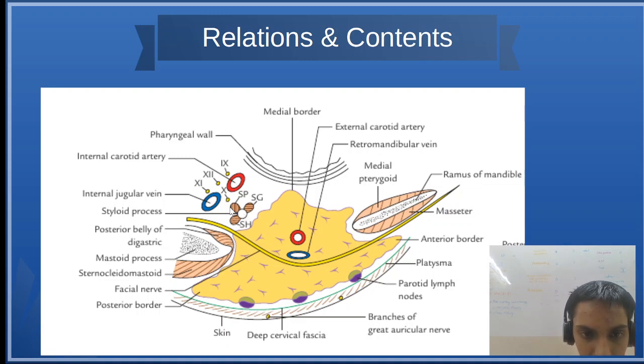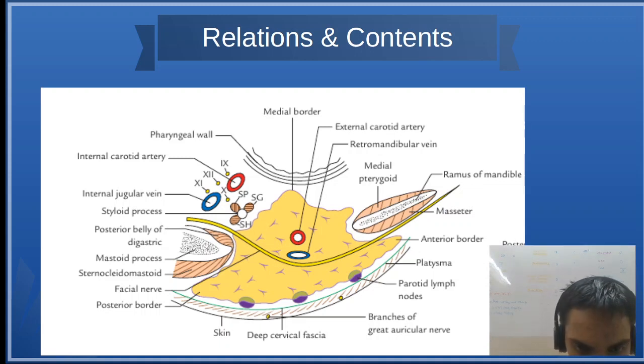So I'll give you a simple way to remember this. Just draw a triangle. The apex will be the 10th nerve. If you're drawing it like this, this is your apex, 10th nerve. This is your medial side, 9th nerve. This is your lateral side, 11th nerve. And in between, the midpoint will be the 12th nerve.